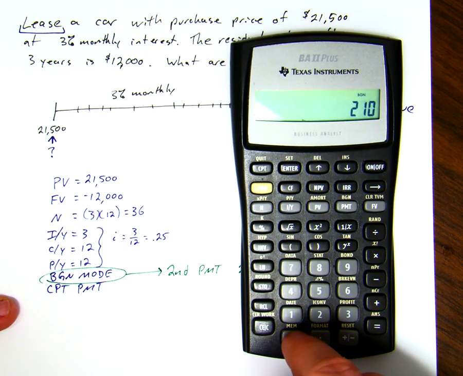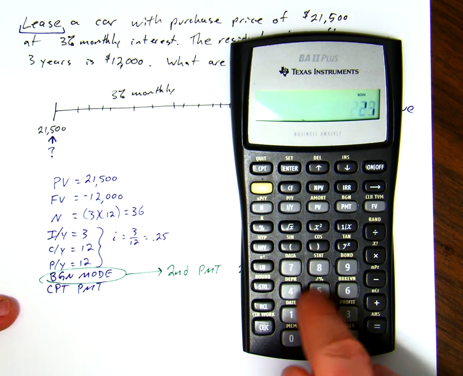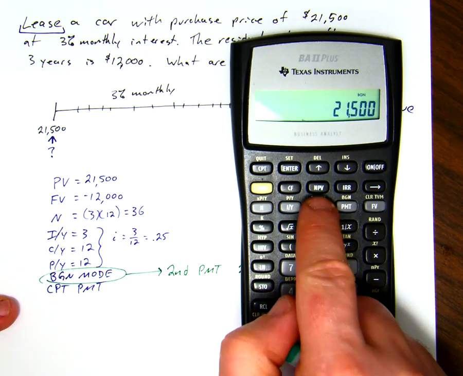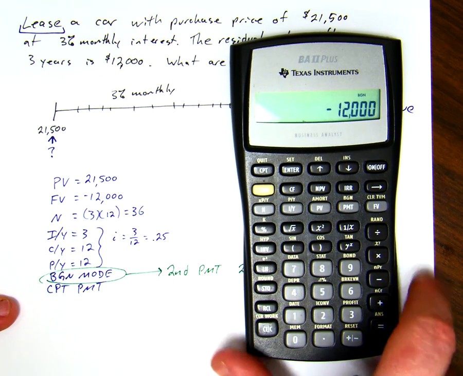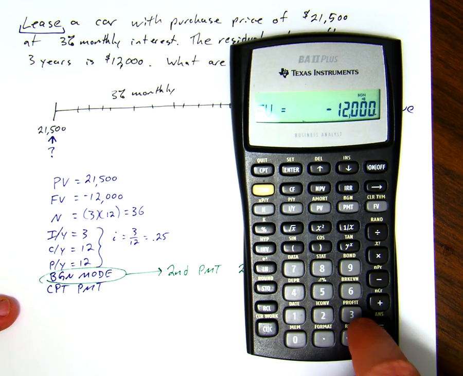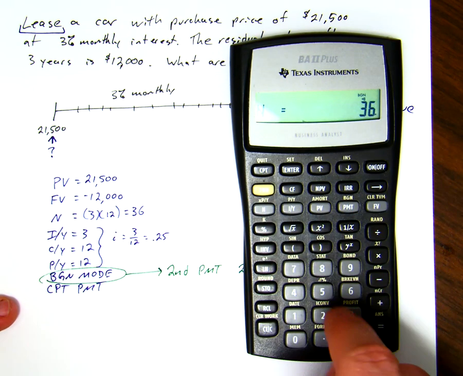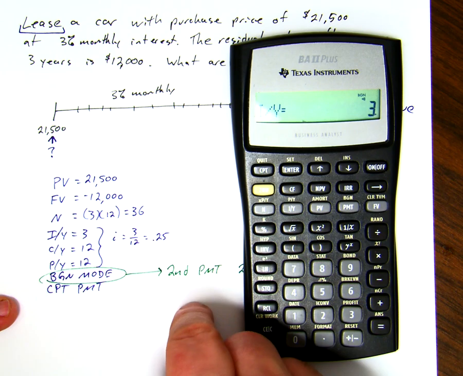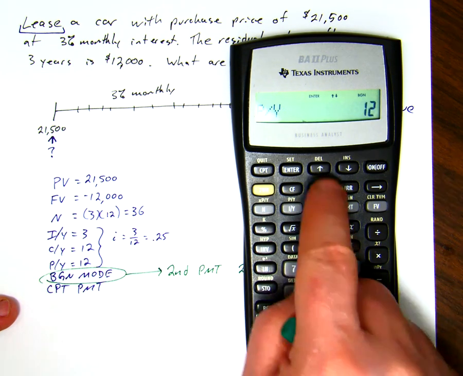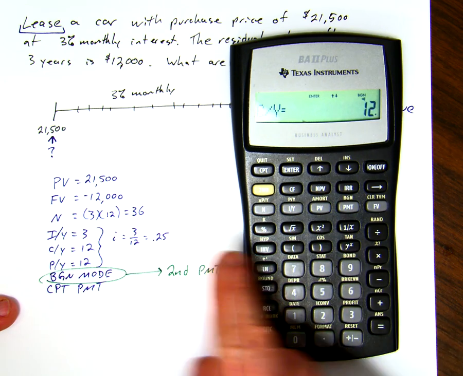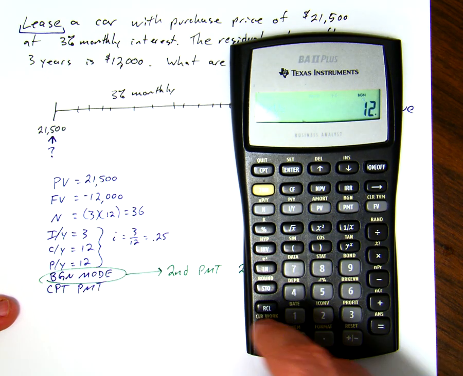So 21,500 is the value of the car. Negative 12,000 is residual value. 36 is the N. 3 is the I per Y. Payments per year are 12. Compoundings per year are also 12.